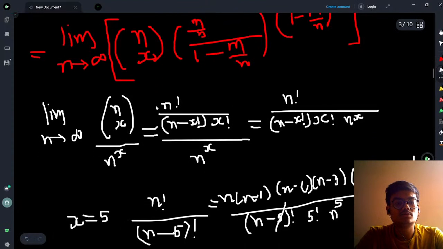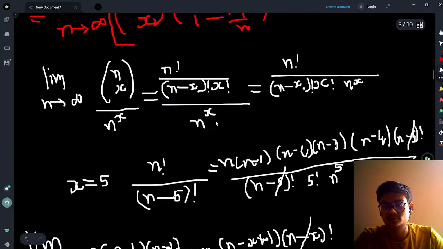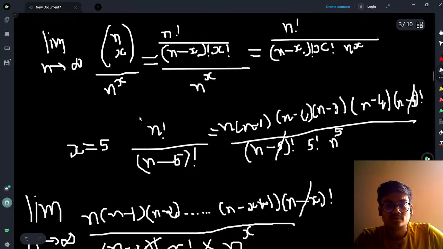If you find this difficult, just check it now. n factorial upon n minus x factorial, upon n raised to x. Now just remember this example.